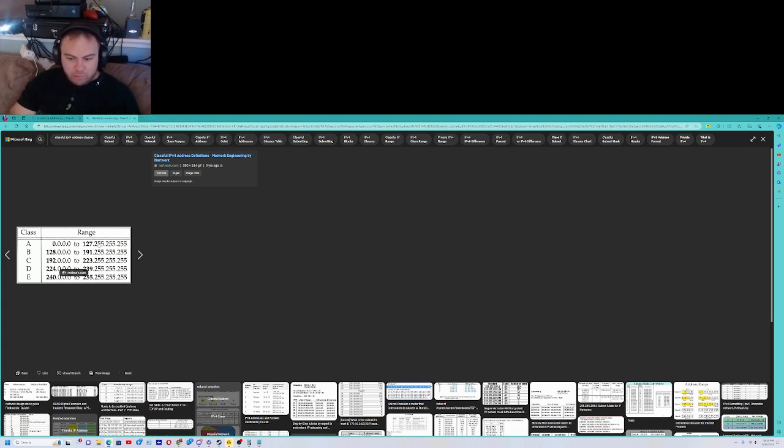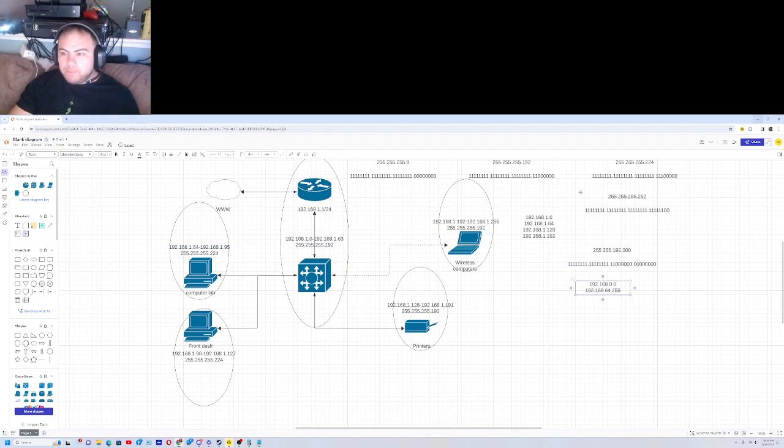So this kind of originated because of classless IP addresses in a way. Now, in our sample, we're using classless IP addresses, and we're able to range a broader spectrum of devices.